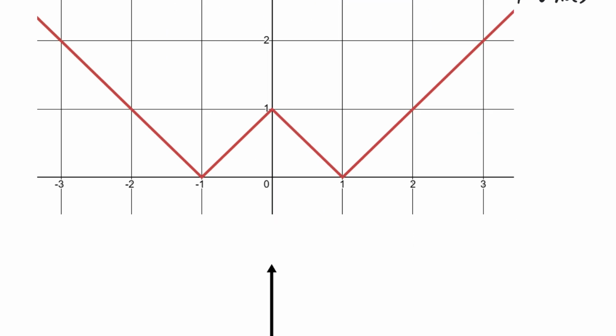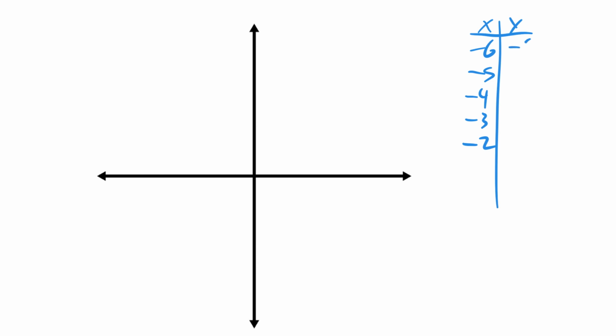All right, so let's go ahead and see what we get. When I did it, my new table has the values -6, -5, -4, -3, -2, and -6, -7, -6, -7, -6.